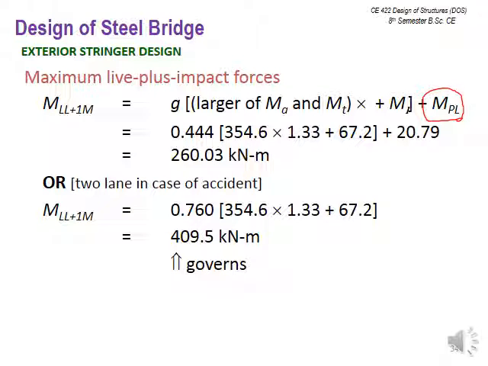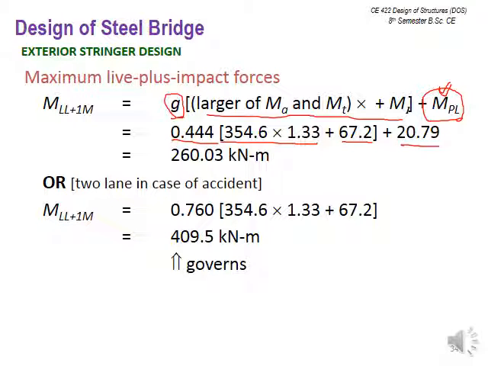This G factor is also given in our theoretical part, and I have also explained to you that the sidewalk load is not needed to be incorporated in the case of the lateral load distribution. The lateral live load distribution is not multiplied with that factor. So only the lane load and the axle and tandem load are considered, and 1.3 is only with the vehicular load, not with the lane load. So this is multiplied only with that.